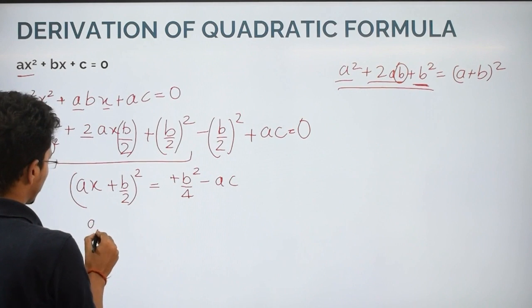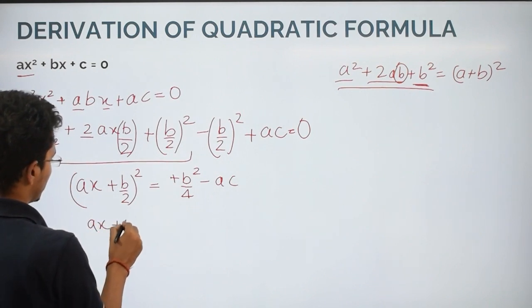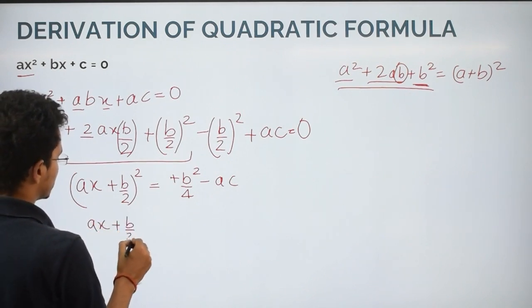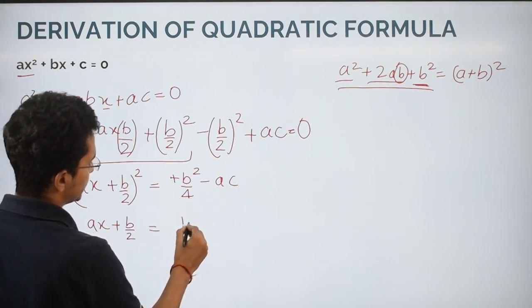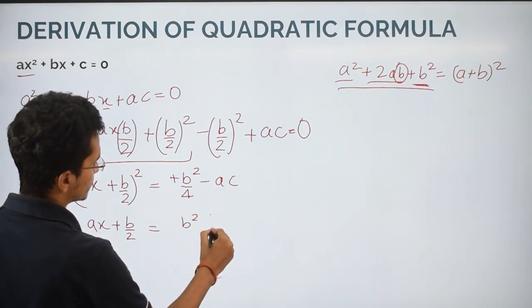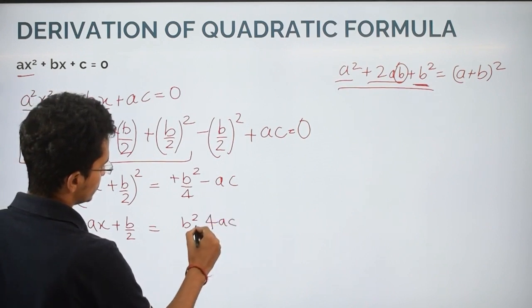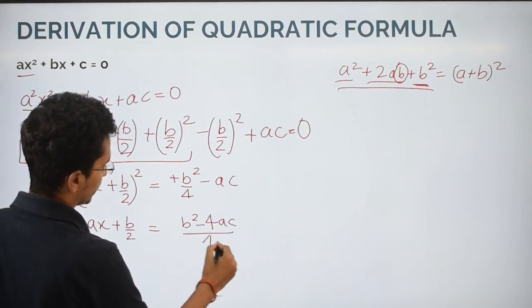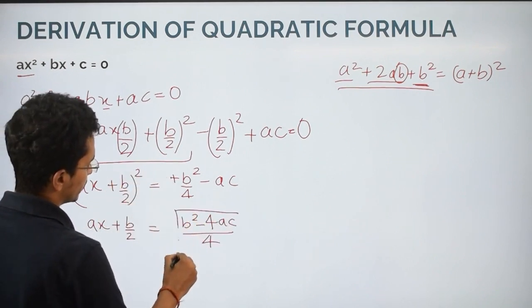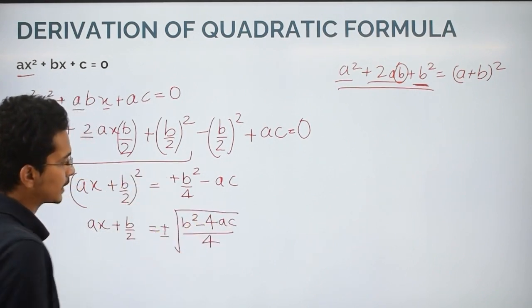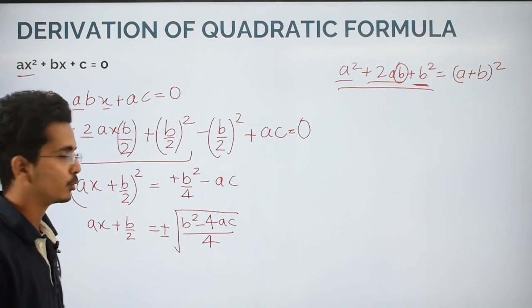Further, if you solve that, it becomes ax plus b by 2 whole square equals, taking the LCM, b square minus 4ac upon 4. If you remove the square, it comes under root, and it becomes plus minus under root of b square minus 4ac upon 4.